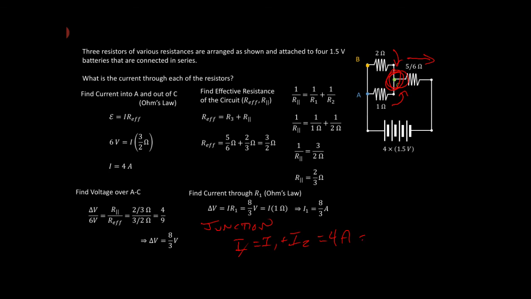And then we have that's equal to 8/3 of an amp plus I2. That means I2 is 4/3 of an amp, because 4 is equal to 12/3. Right, so 12 minus 8 is 4. So we end up there.